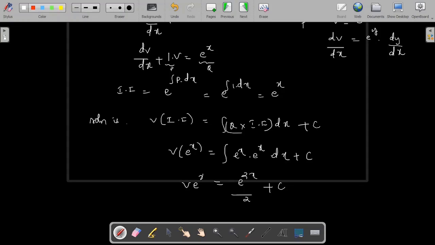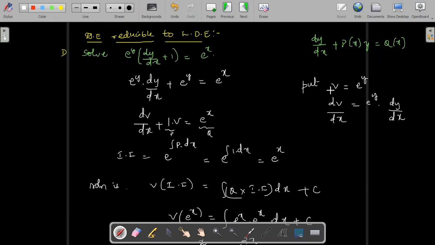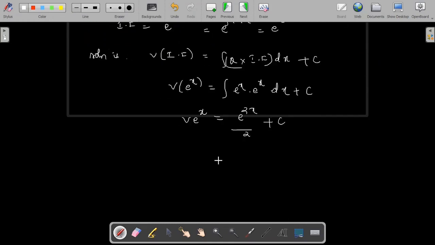We made the substitution v as e to the power y, so back substitute: e to the power y into e to the power x equals e to the power 2x by 2 plus c. You can keep it as it is, or else you can write e to the power x plus y equals e power 2x by 2 plus c. This is how we solve the given differential equation by reducing it to a linear differential equation.